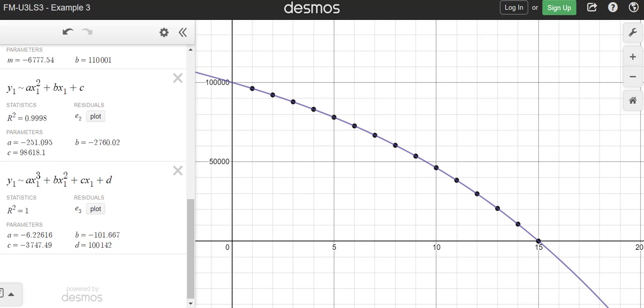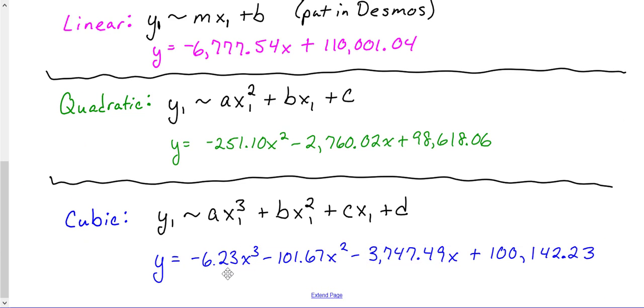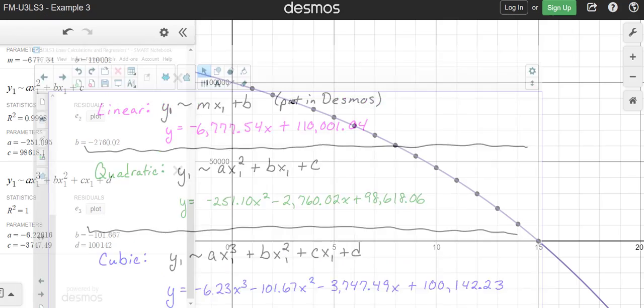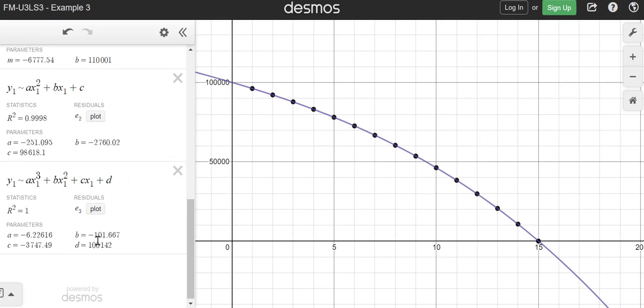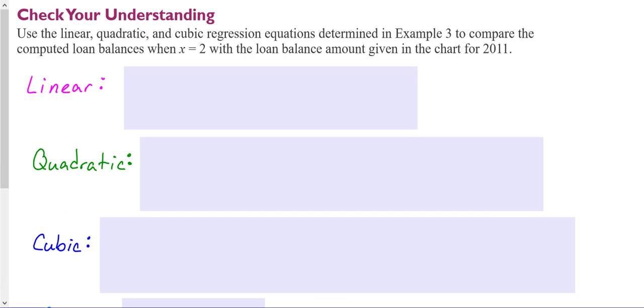So that is the best curve fit for this set of data. Like before, the parameters list a, b, c, and d, so we go back to our equation and put in those values. You notice this is minus 101.67; I just put the minus in there instead of writing a plus, negative.